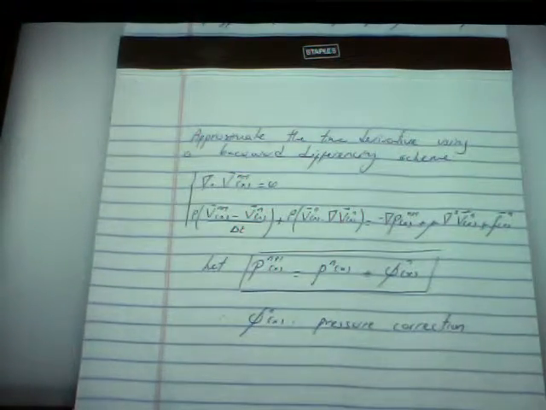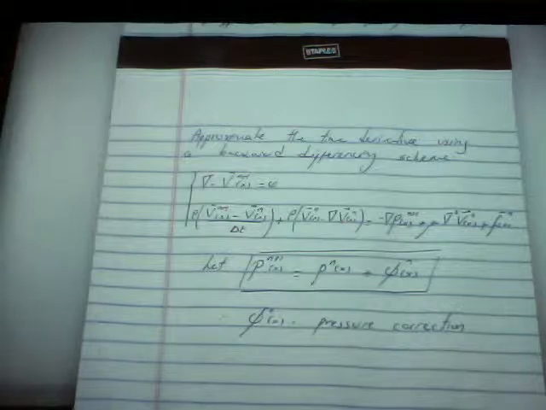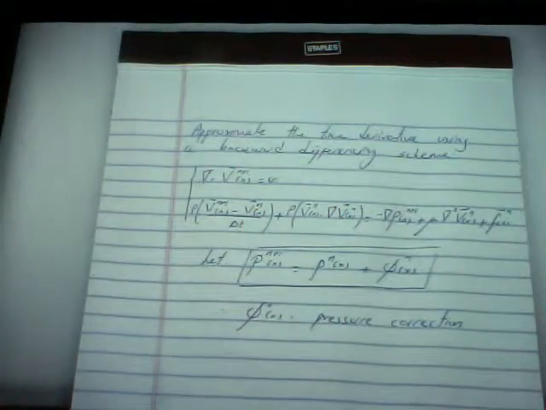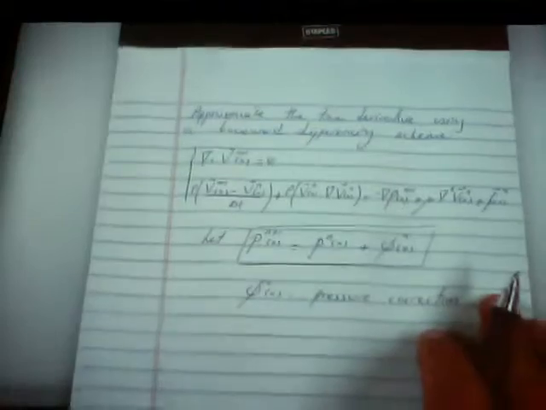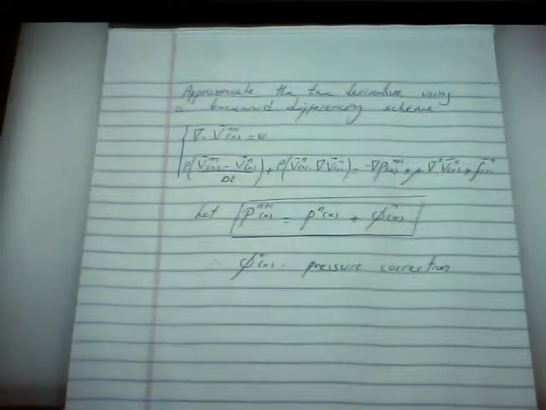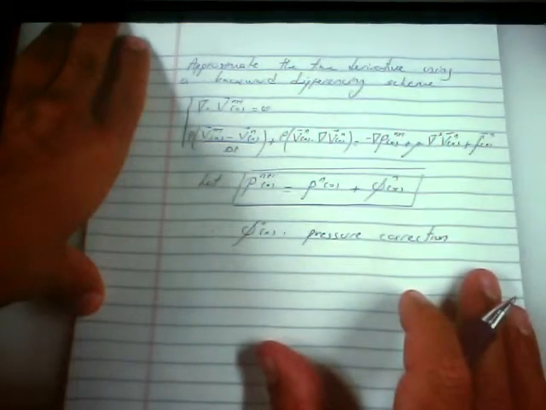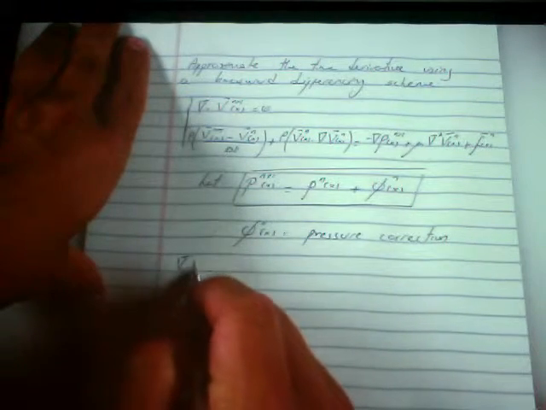So the new pressure is equal to the old pressure plus some correction function. And that's what's going to allow us to break off these equations, uncouple them, and make up an equation for the pressure, indirectly, that is. So what's going to happen is that, let's write this down again.